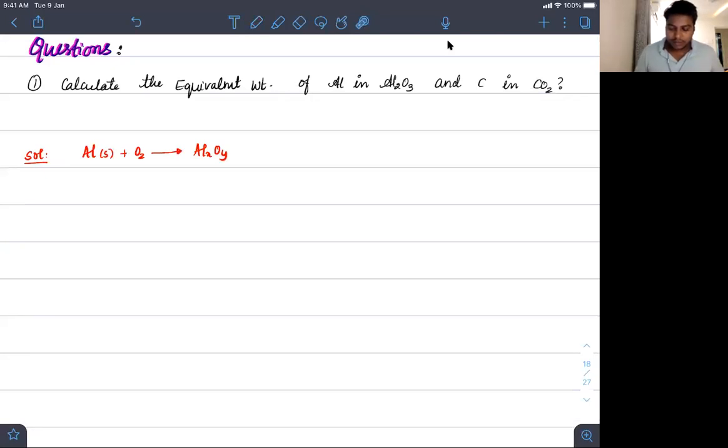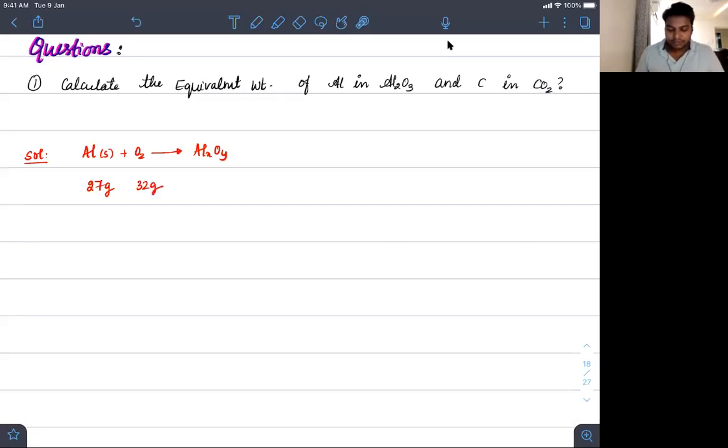So what will be the equivalent weight of aluminium? Suppose I take 1 mole, you can start with any weight. If nothing is given, take it as 1 mole. 1 mole of aluminium means 27 grams. So we know that 27 grams of aluminium will react with 32 grams of oxygen.